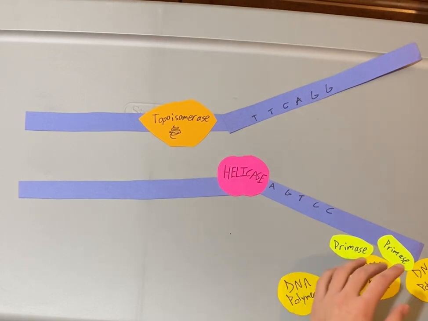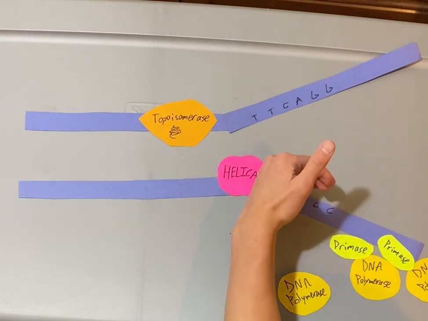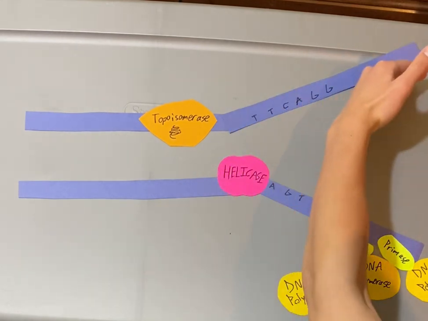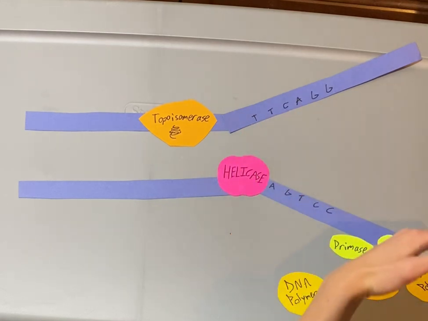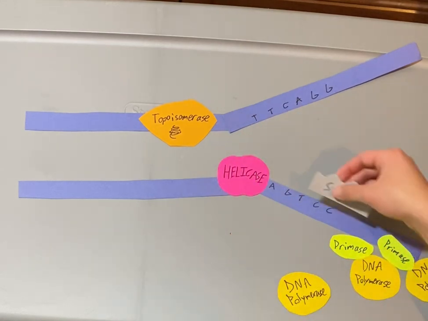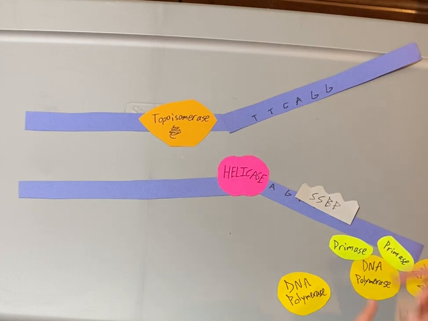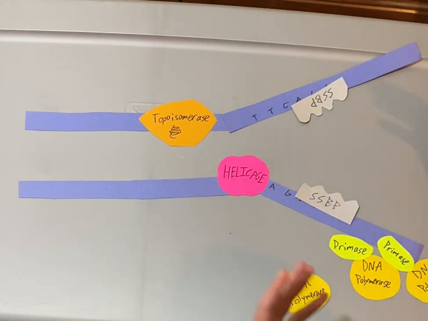So in addition, we have these single-stranded binding proteins, or SSBPs, which are responsible for keeping the replication fork, which this is called, from closing back together in replication. So these SSBPs bind along the edges to keep it from closing in on itself.